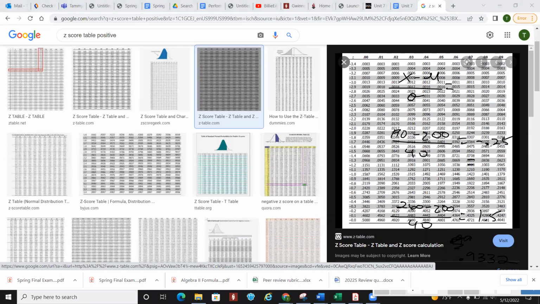This one right here, negative 0.25, that's 190 minus 200. 0.4013.